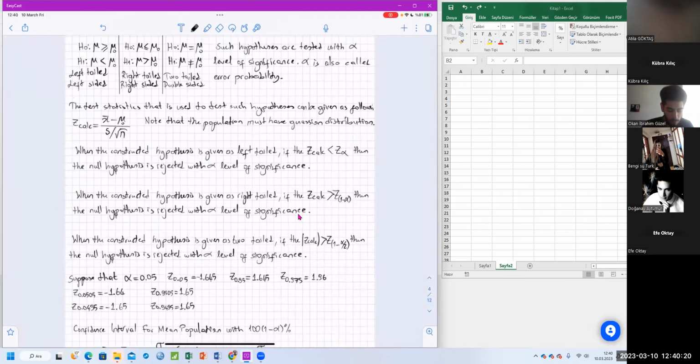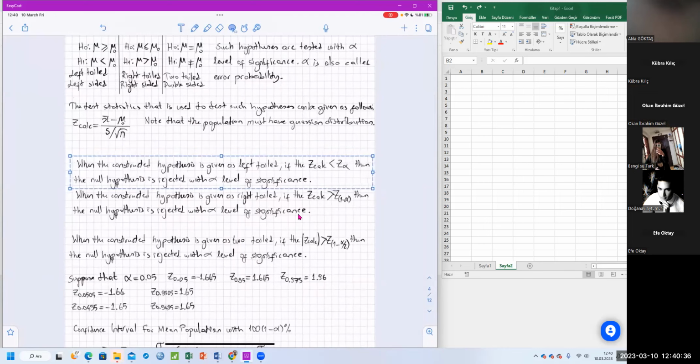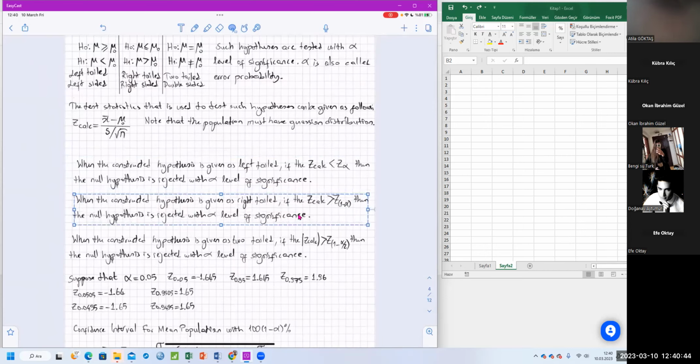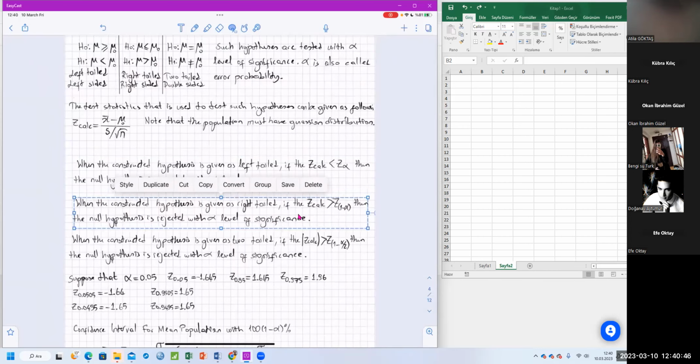The sample standard deviation, you have learned it in the previous semester. I'll show you how you can perform the calculation.